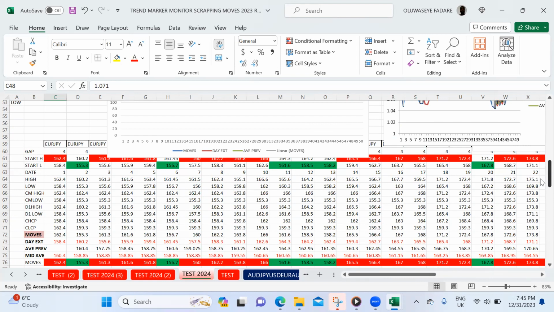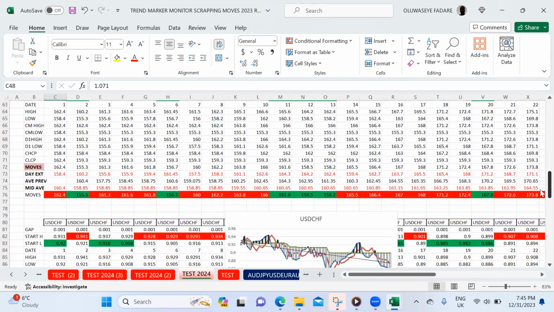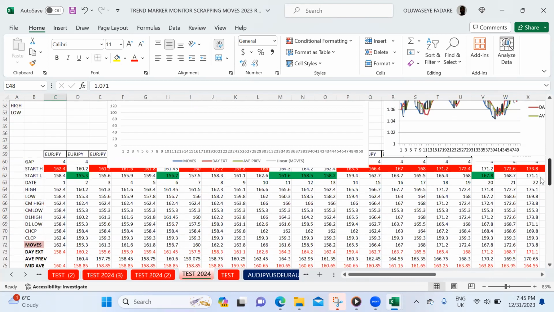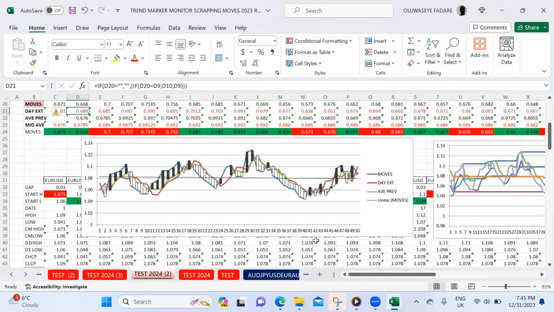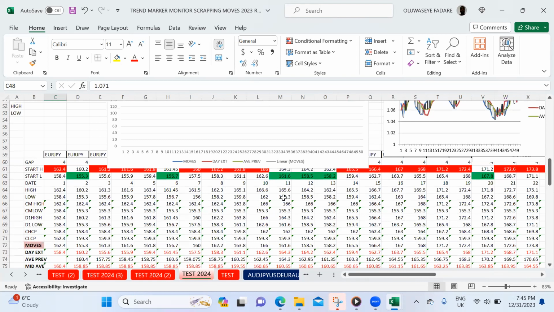Same thing with Euro JPY. Sorry, this is GBP, not EUR.